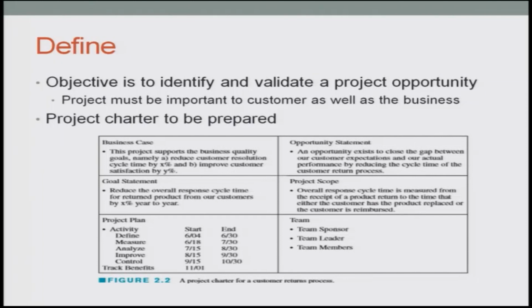The project scope would have the overall response time which is measured from the receipt of a product returned to the time that either the customer has the product replaced or the customer is reimbursed if there is a problem. And obviously, there would be a team which would consist of the team sponsor or team leader or team members who are in a position to implement the overall concept.